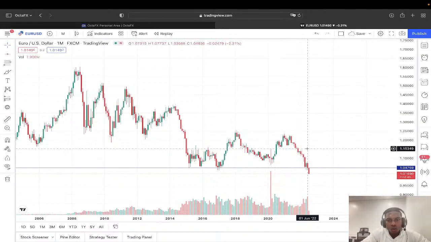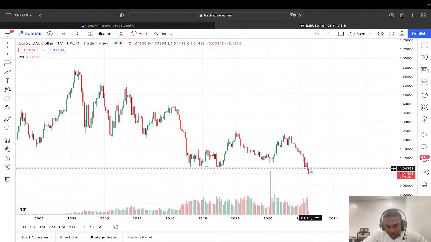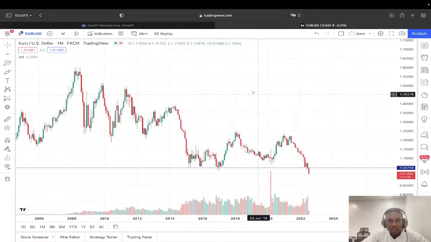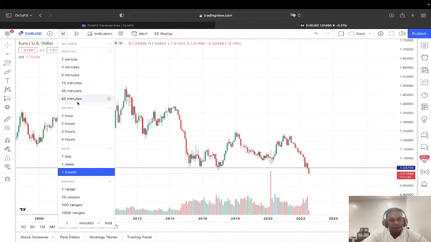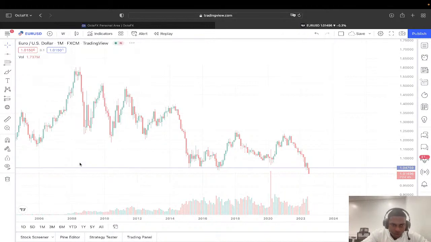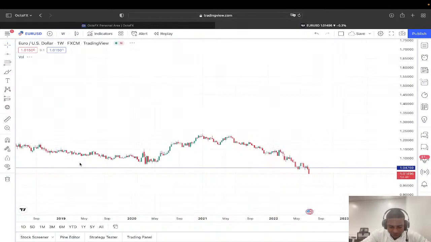All right. So we understand that there's a breakout here. So this is a breakout candle here. This candle that is just forming, this July candle, is a breakout candle. All right, so let's go to the monthly time frame and see what is popping on the monthly time frame.